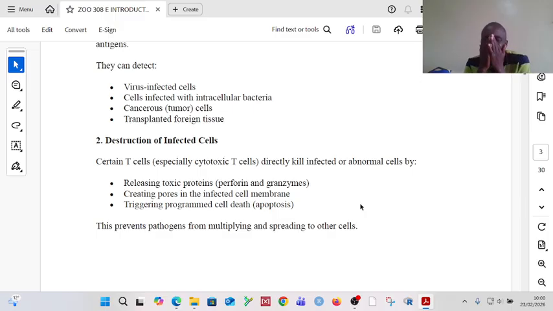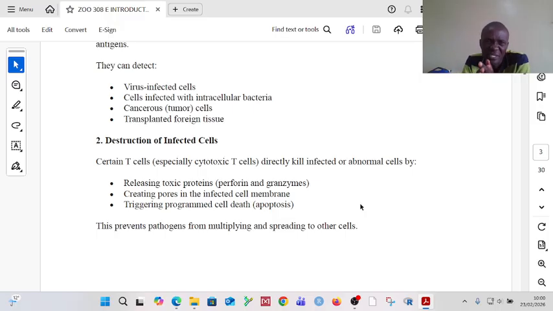The last way is when it does what we call apoptosis. Apoptosis is programmed cell death. So the cytotoxic T cells can trigger apoptosis. They can lead to apoptosis.